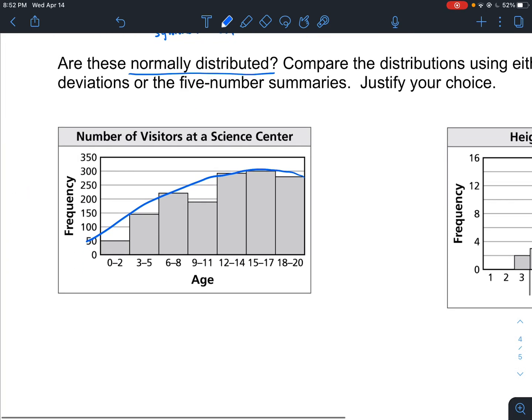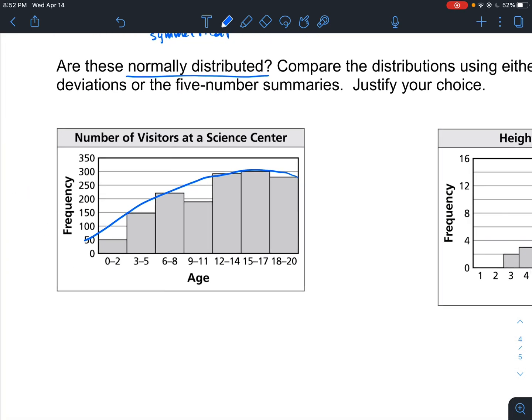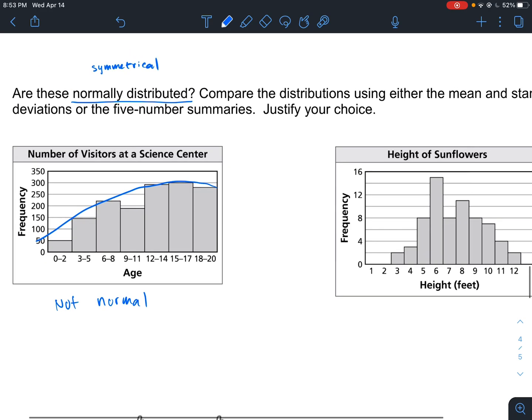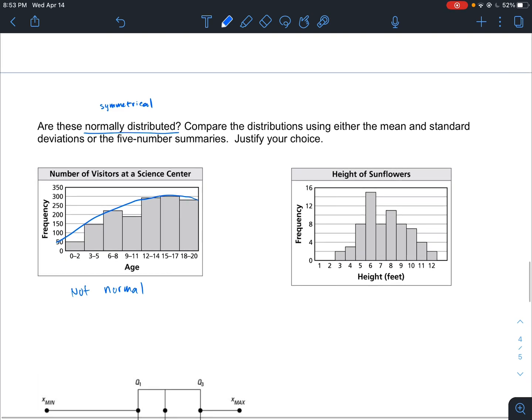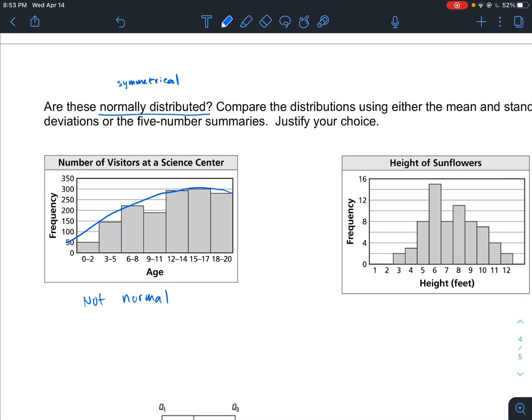So this would not be normally distributed because it's not symmetrical. So in this case, it would probably be better to use a 5-number summary to find the center and the spread of the data. It'd be more accurate.